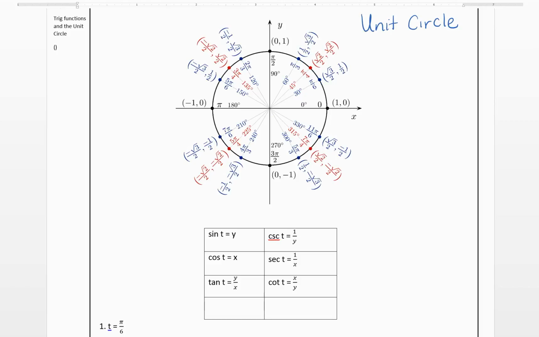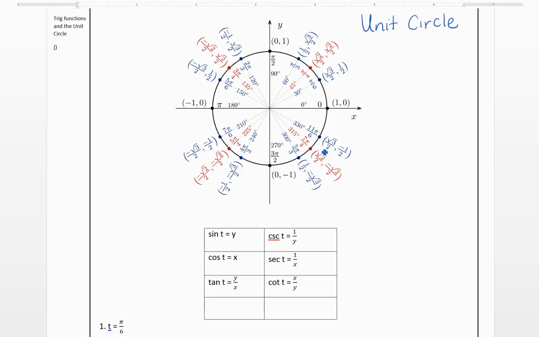So here we have 30, 45, 60, and then 90, 120, 135, 150, 180, 210, 225, 240, 270, 300, 315, and 330. And you'll notice that the ones in red here are the ones that are multiples of 45 degrees, right? They're the ones that cut each of the quadrants in half. And the ones in blue here are the ones that are multiples of 30 degrees and go all the way around.